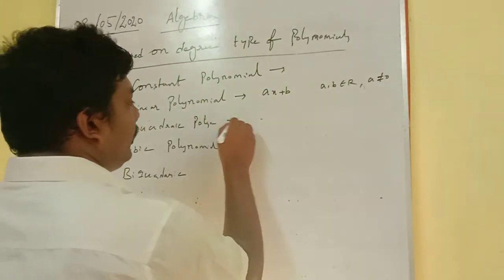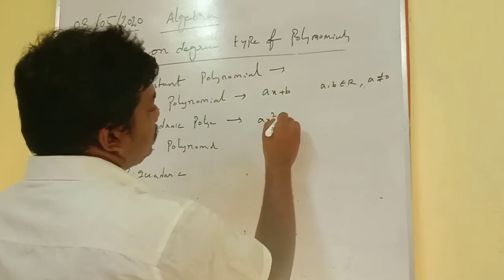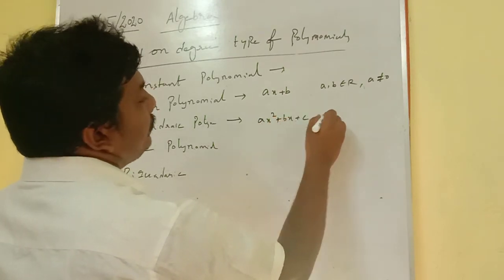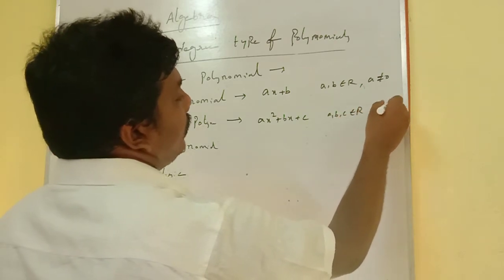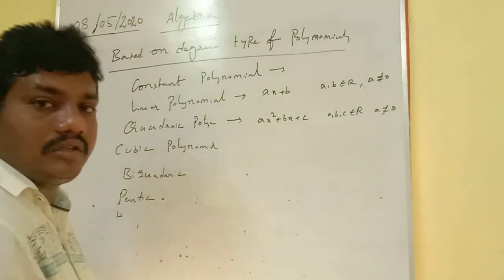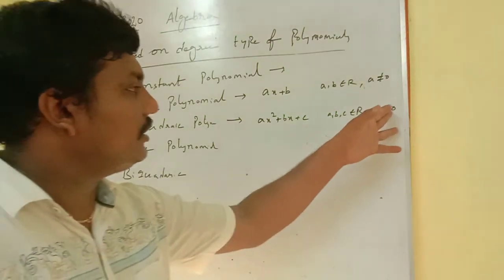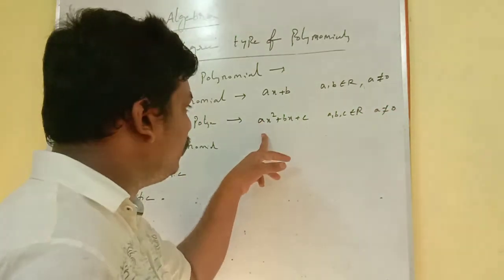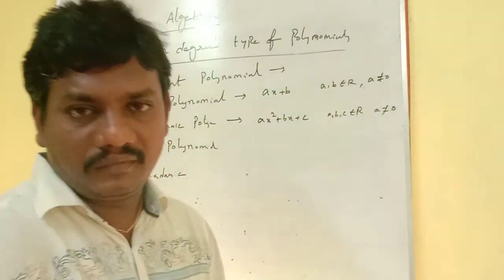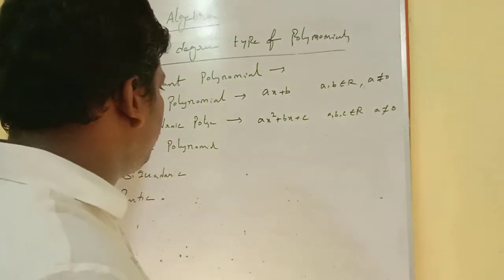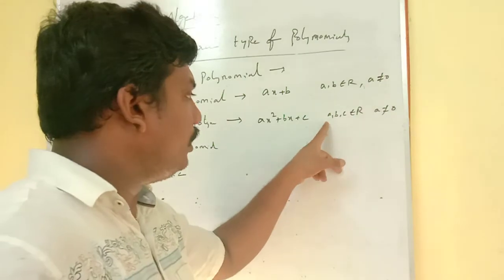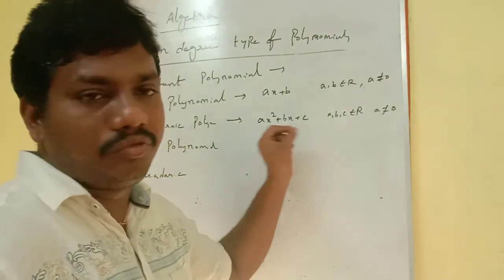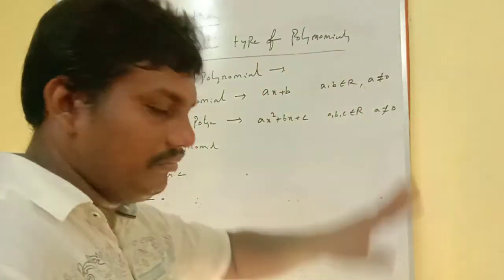Next, the quadratic polynomial: ax square plus bx plus c, where a, b, c belong to real numbers and a is not equal to 0. Why is a not equal to 0 here? If you take a equal to 0, it becomes a linear polynomial, but our concept is the quadratic polynomial. That's the reason a must not be 0, and all the numerical coefficients must be real numbers.